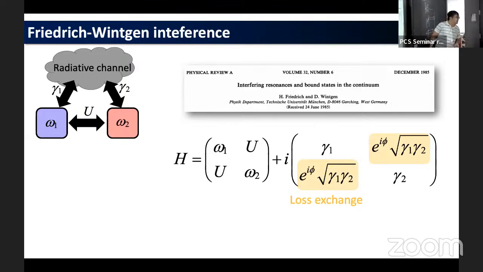So basically, we emit from the first resonator, then in some radiative channel we have some phase, and then we go to the second resonator. U is kind of coherent, like some kind of near-field coupling, so without it you don't interfere through the losses. But you can think of this one radiating to the continuum with some phase in the radiative channel.